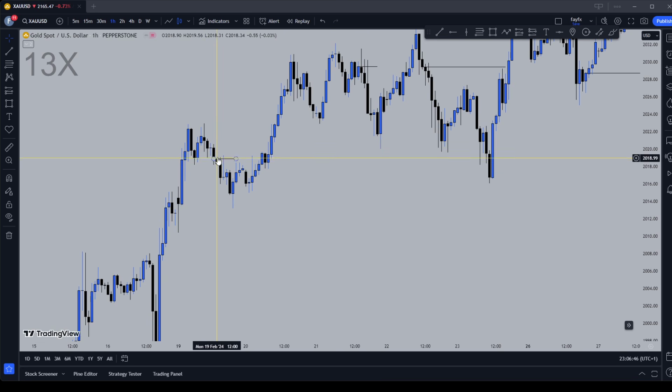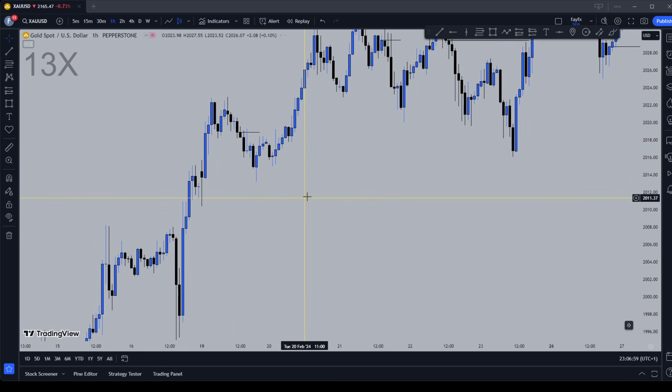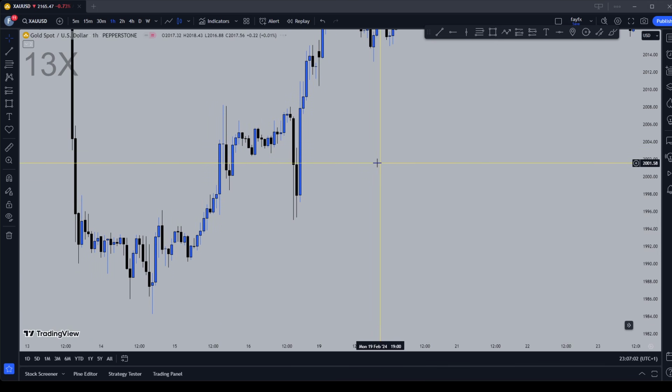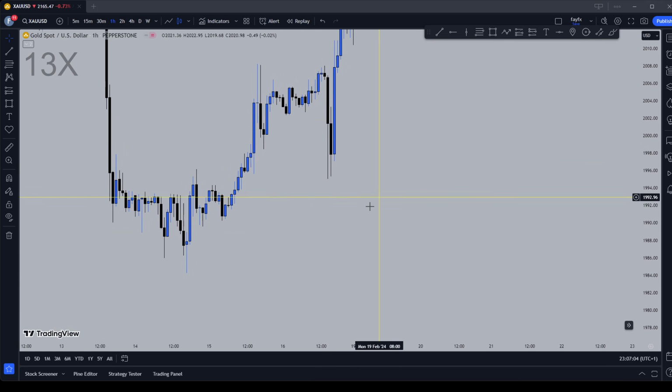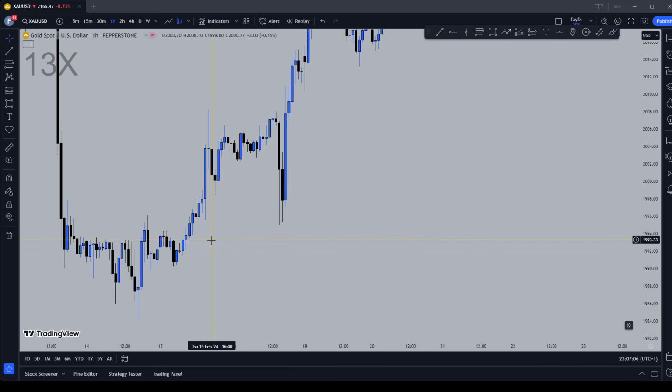After the creation of this gap, this candle came up, touched that level and continued its direction down, and price came again, touched that level and went down. Bullish gap CC, after the creation of this gap, price came down, touched that level and continued its direction.